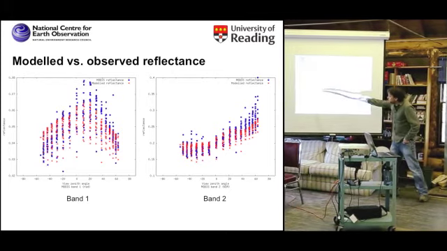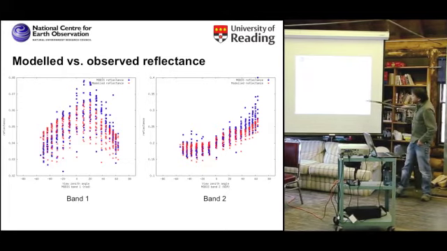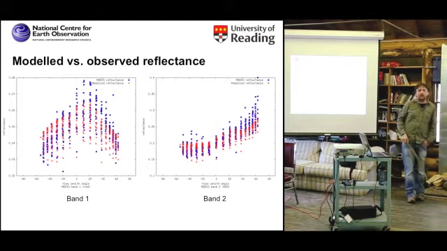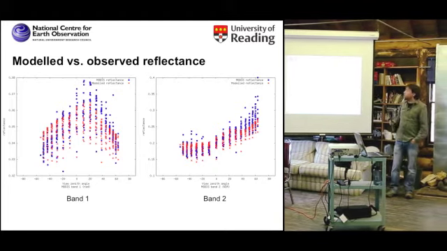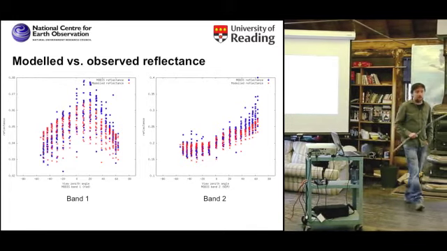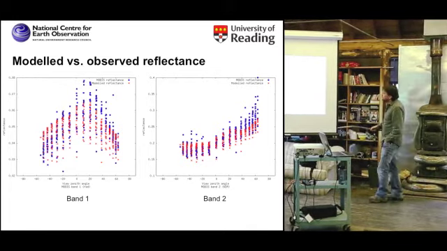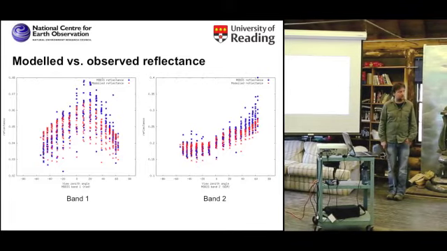This is the red channel of MODIS, this is the near infrared channel of MODIS. X-axis is the viewing zenith angle in both cases, and the y-axis is reflectance. The blue dots are observations from the satellite, and the red dots are predicted from the observation operator that we bolted onto the ecosystem model.